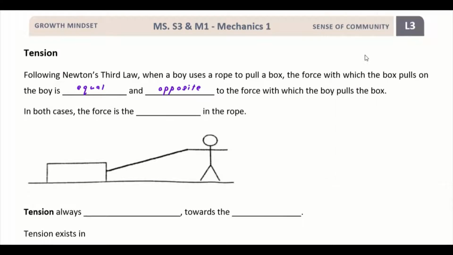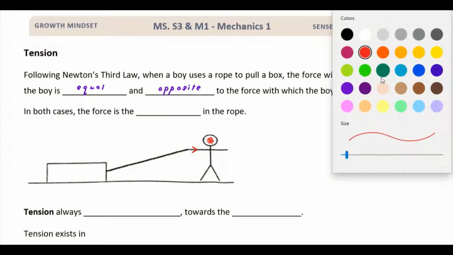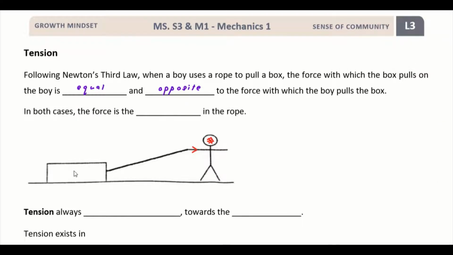Let me use a different color to represent different things here. We have this boy here, represented by the red color. What this boy is doing is pulling the box. You can imagine that the force goes like this. It means there's a force exerted on the box by the boy who is pulling. Now let's look at our second object, the box, in blue color.